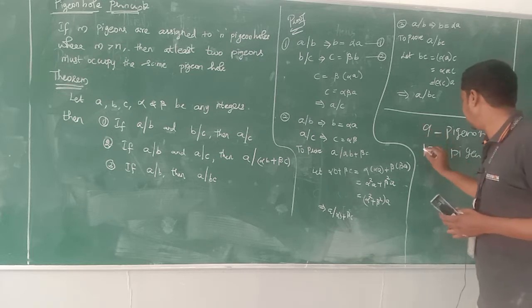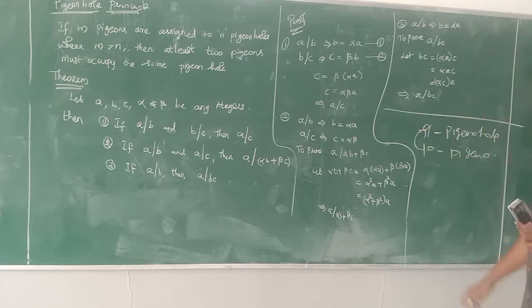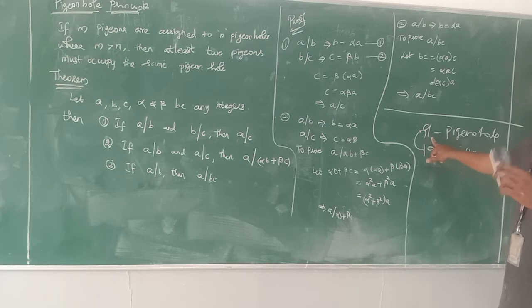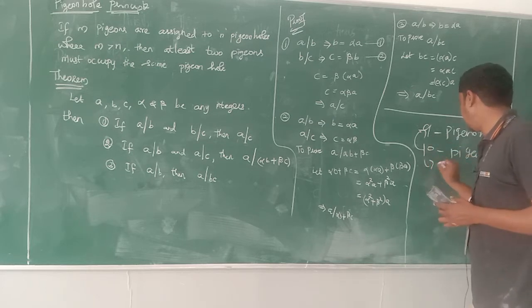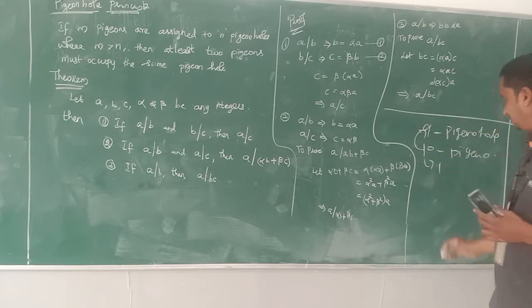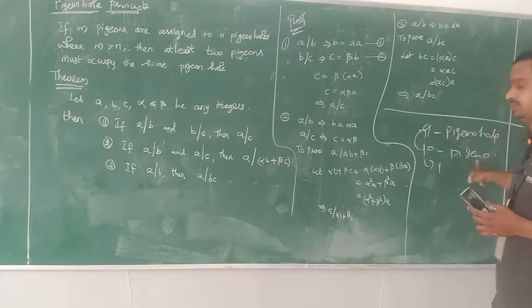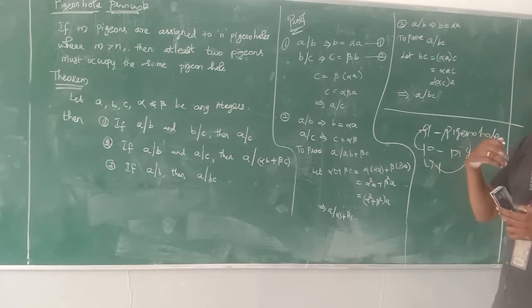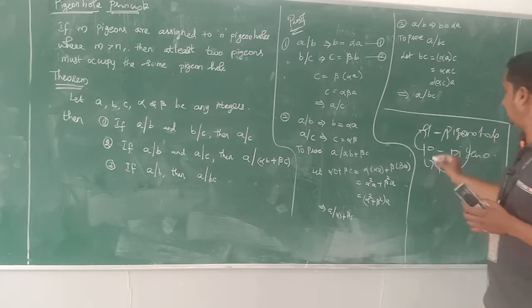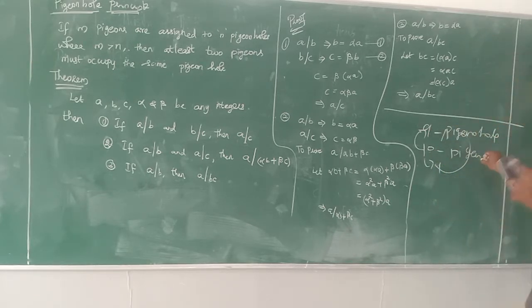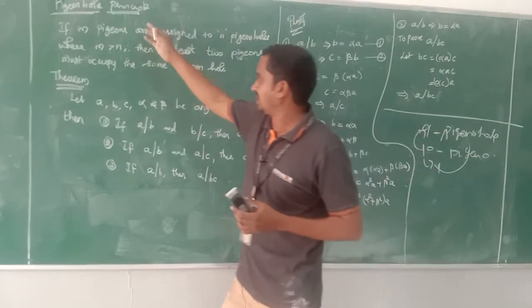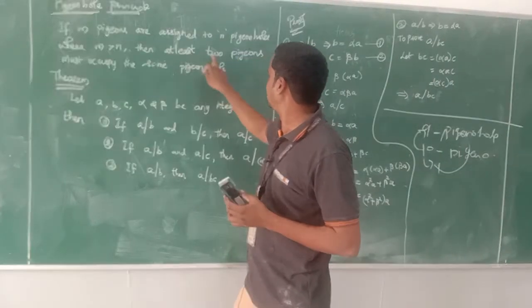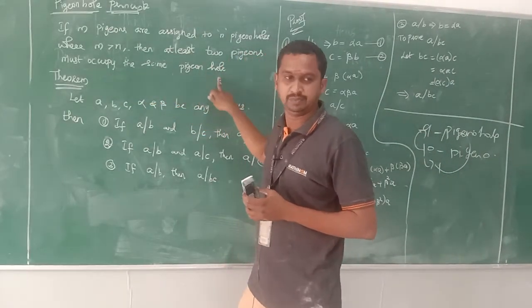Suppose here 10 values, here 9 values, each and every one you can map. Then finally you get one extra value. That extra pigeon maps to any one of the pigeonholes. So 9 pigeonholes, 10 pigeons, one extra value is there. That one value can be added to any one pigeonhole. That concept is the pigeonhole principle. Finally you can write that at least two pigeons must occupy the same pigeonhole.